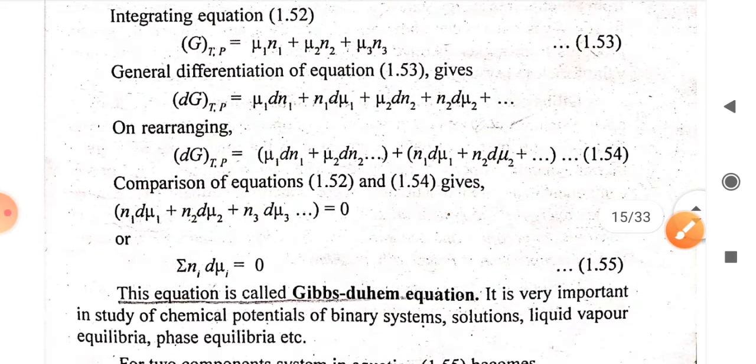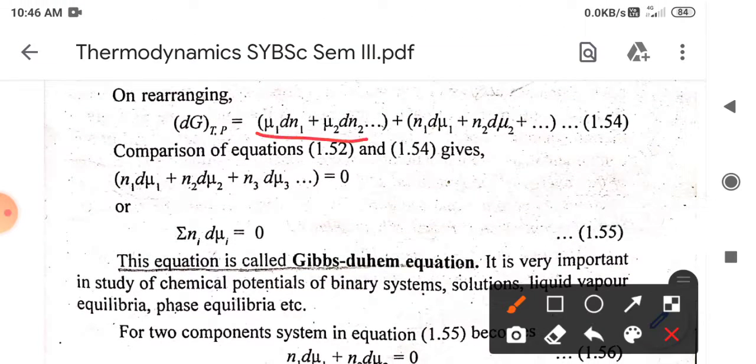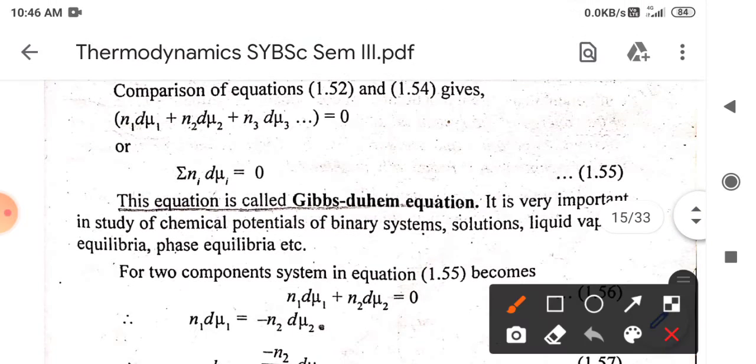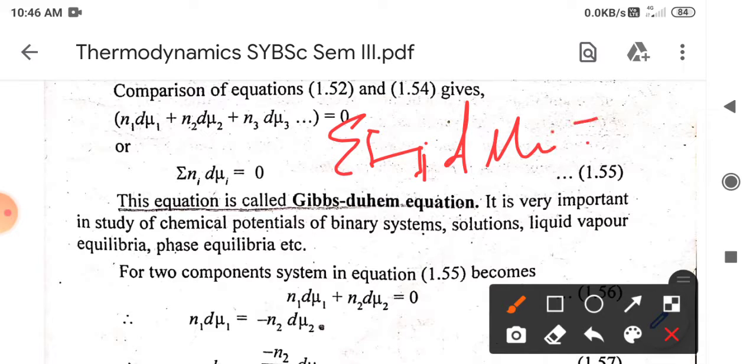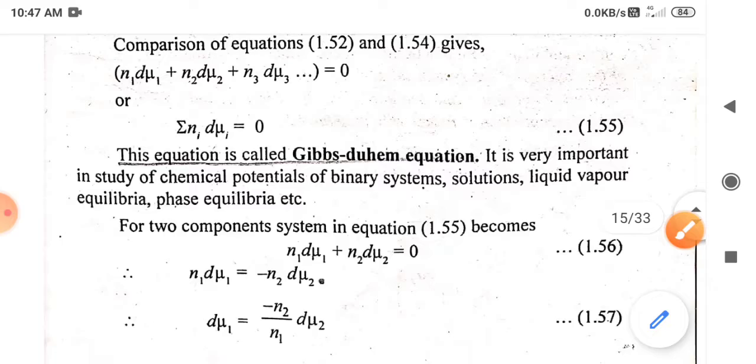Here we can simply substitute dG for this term, so this and this cancel out, and we are left with only N1 d mu1 plus N2 d mu2 plus N3 d mu3 and so on equal to 0. Or we can simply say that the summation of Ni d mui is equal to 0. This is the important relation of the Gibbs-Duhem equation.